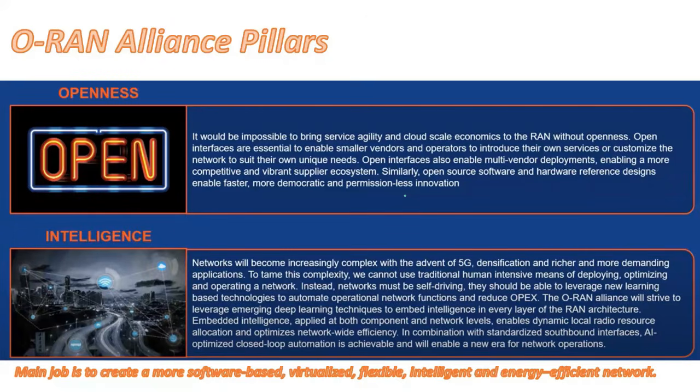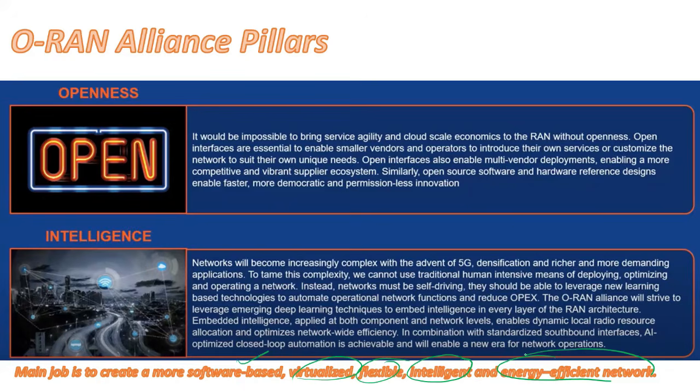But an organization like O-RAN plays an important role to bring the industry together. Their main job is to create a more software-based, virtualized, flexible, intelligent, and energy efficient network. These goals can be achieved by evolving RAN to a higher level of openness and intelligence.